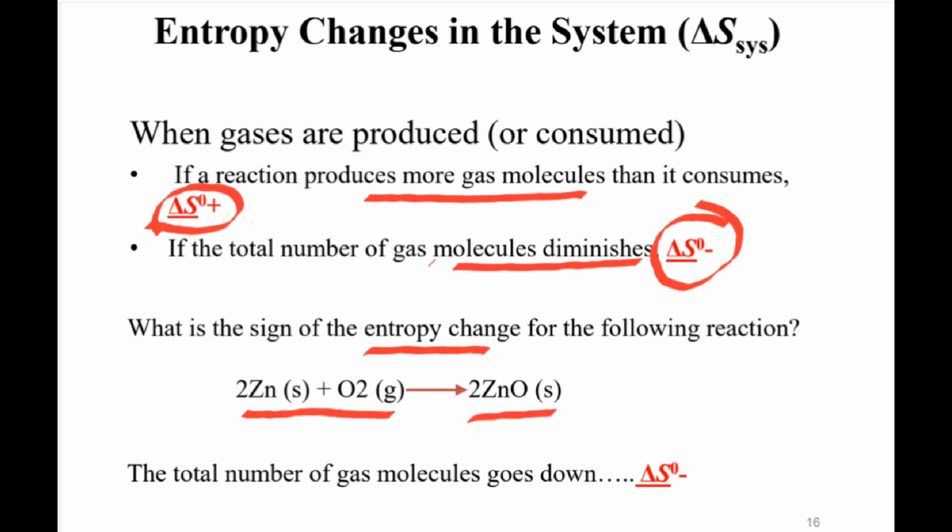So as you can see, oxygen is a gas and in this example oxygen is being consumed, therefore the number of gas molecules in this case is diminishing. ስለዚህ በዚህ ሪአክሽን የኦክሲጅን ጋዝ መጠን እየቀነሰ ይሄዳል፣ ስለዚህ ኢንትሮፒው ይቀንሳል ማለት ነው። When the total number of gas molecules goes down, the entropy will have what?